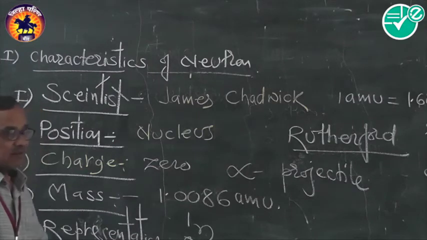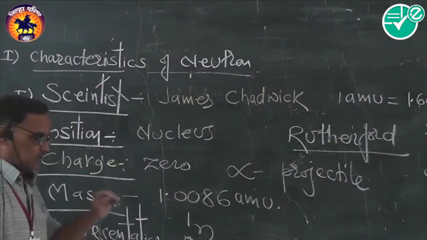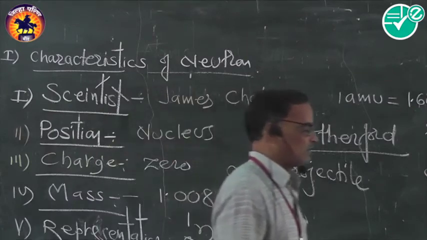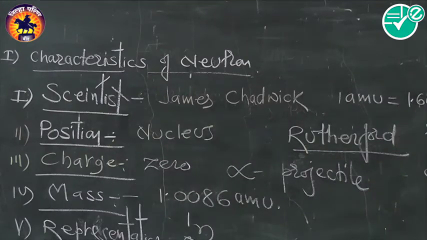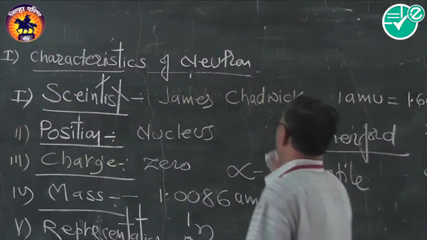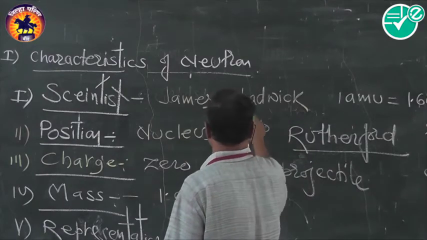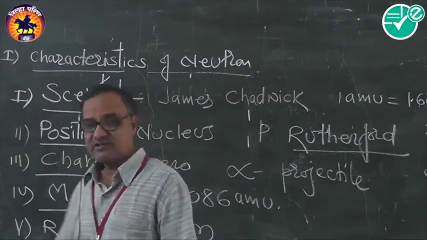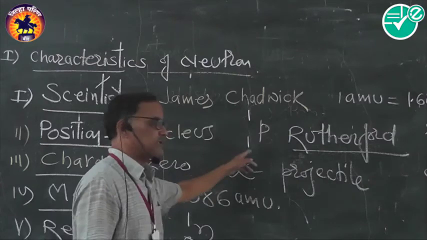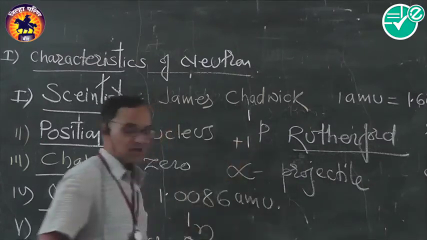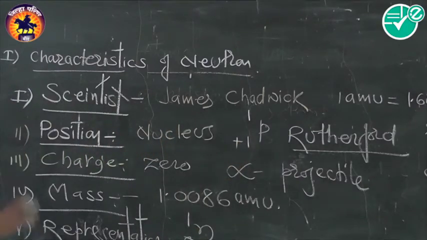At the same time, in the notation of the proton, the 1 placed at the bottom represents the proton carrying an electric positive charge. So this is all about the proton and neutron.